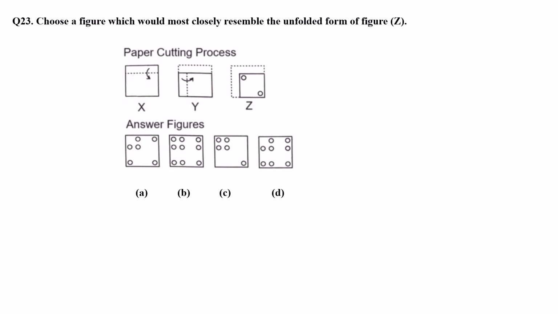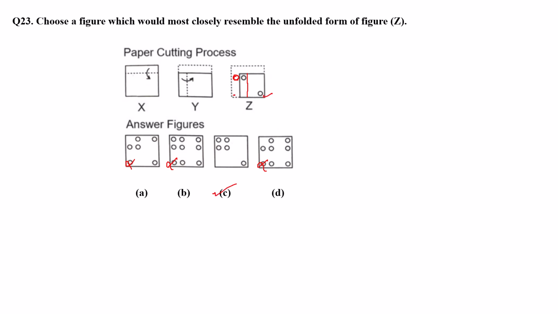So when you will do that, only this circle, okay, only this circle will come here. Okay. So now see in the figure, this circle should not be here. It is present in all the three options. Only C option, this circle is not there because only this small part is folded, right? When you open it, this part will not appear over here, isn't it? So C is the correct option.